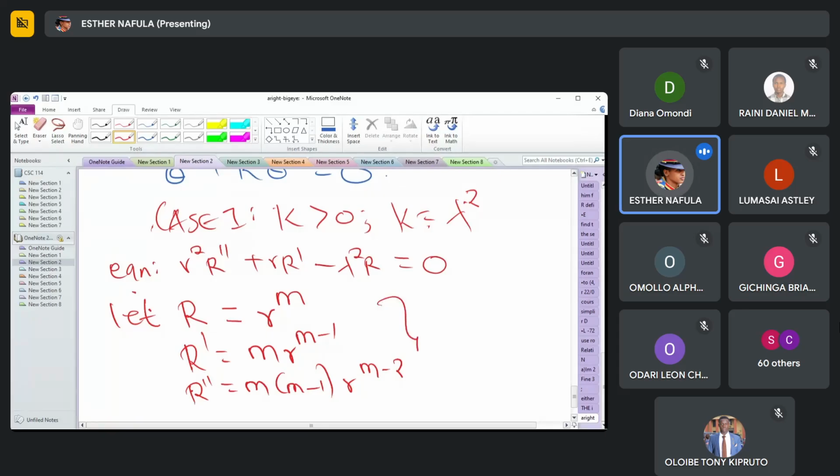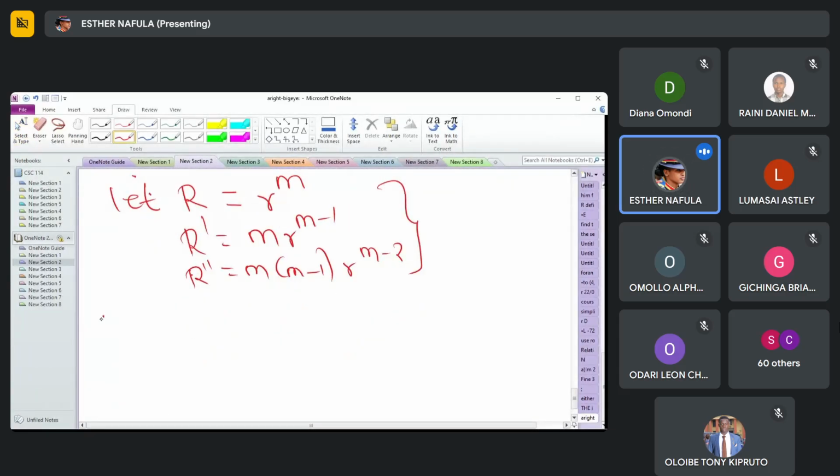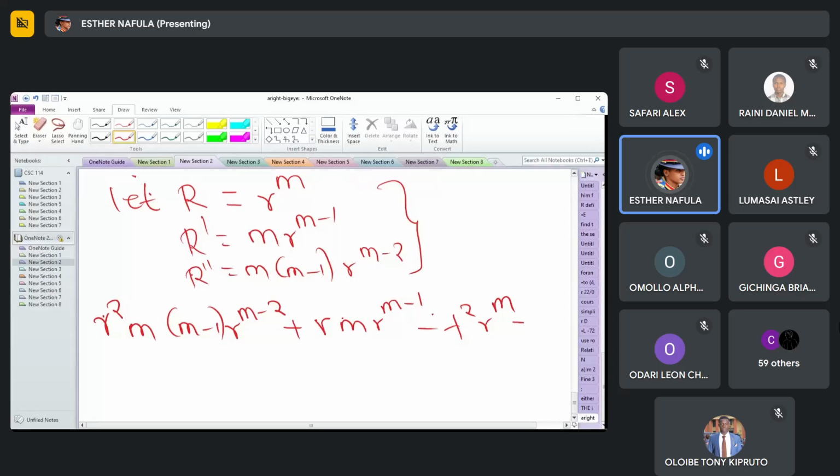We use these 3, we plug the 3 into our differential equation. r squared times capital R double prime, so that's r squared m into m minus 1 r raised to m minus 2, plus r times R prime, so r times m r to the m minus 1, minus lambda squared times small r power m equals 0.